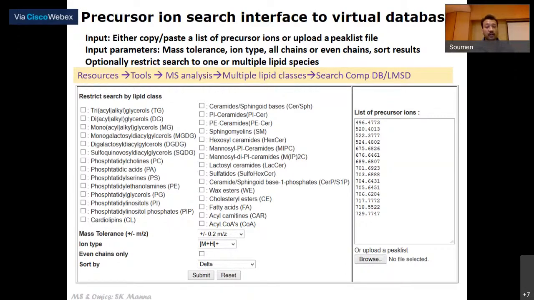Then you can specify whether you want to use only even chain lipids, or also include odd chain ones, and then you can sort them by delta, the mass error calculated by the database. This is a set of lipids that is pasted here, and let's say this is the set of lipids that you found to be most significantly distinguishing between the sample sets or the phenotypes that you are interested in.